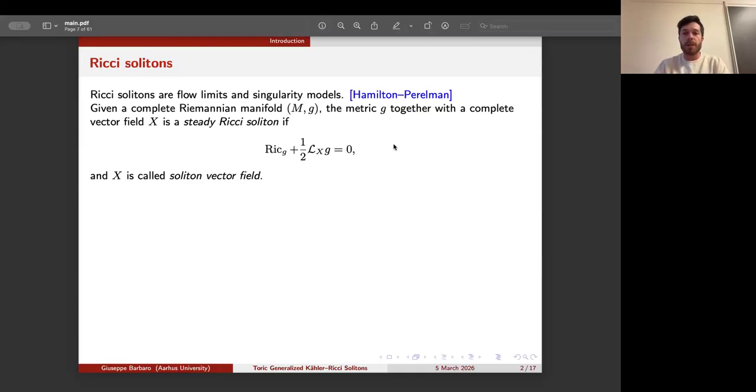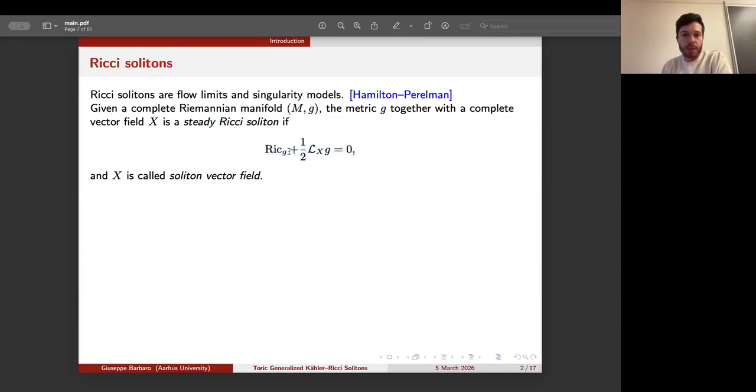This generalizes the Einstein equation by adding a term saying that the metric is changing in a self-similar way. Here you have a Riemannian manifold, and a steady Ricci soliton is something that satisfies this equation.